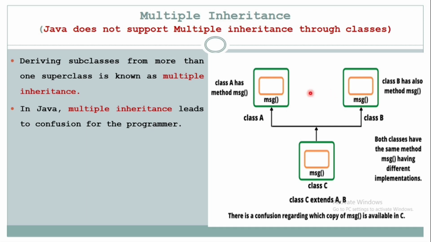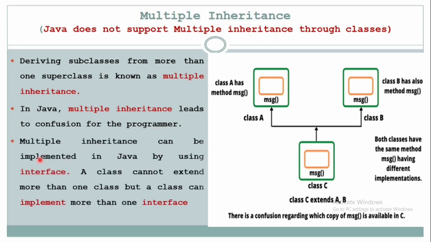The question arises: when C inherits A and B, which copy of message will be available in class C? This leads to confusion and ambiguity.